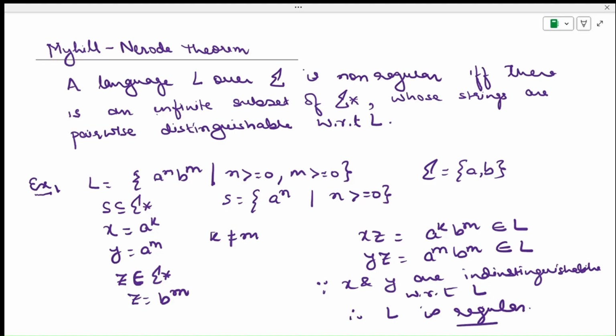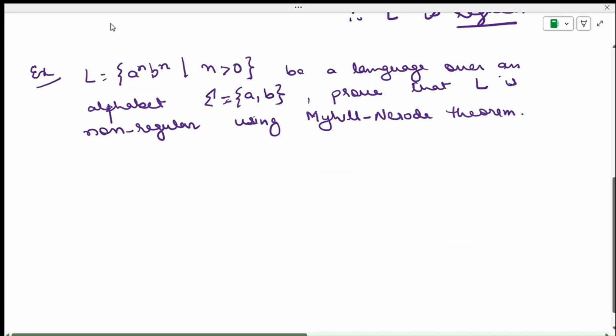We will say the language is non-regular if the strings x and y are distinguishable with respect to the language. Now see this example. It says that language L is a raised to the power n, b raised to the power n for n greater than 0.